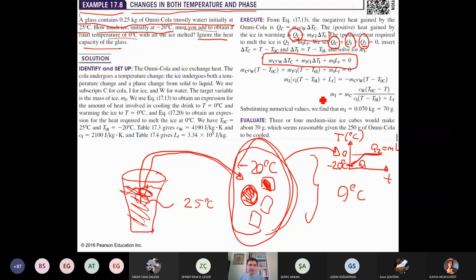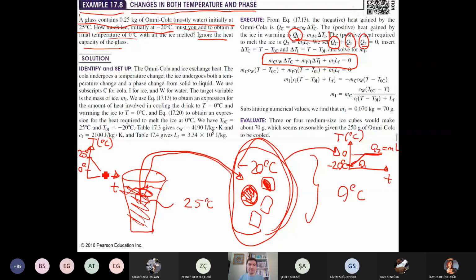And here, let me also write down the temperature change of this cola on the left side. This is the time. At the beginning, the temperature is 25 degrees Celsius, and over time its temperature will go to 0. Okay, but there is no phase change here. It will be liquid at 0 degrees Celsius.